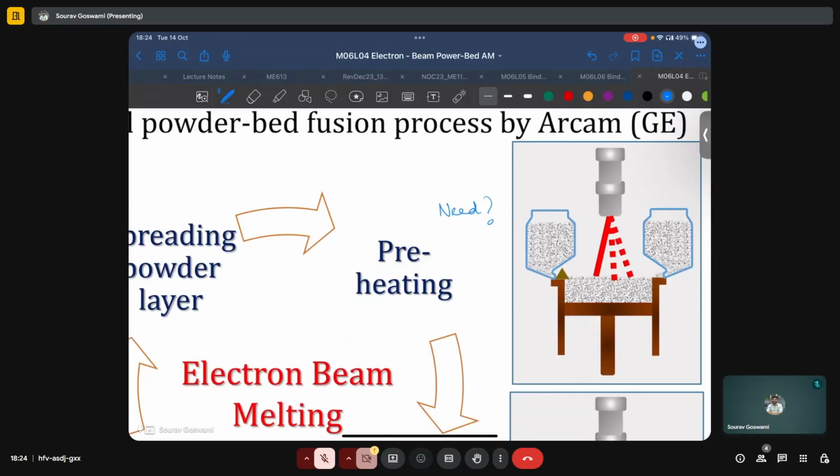To get rid of it, we resort to this preheating strategy, which is again something that was borrowed from welding, where in several cases, to prevent the occurrence of residual stresses or to weld difficult to weld materials, some preheating was applied. In this case, rather than using any external heating, like resistance or inductive heating, we use the same electron beam that prints to preheat the powder layer.